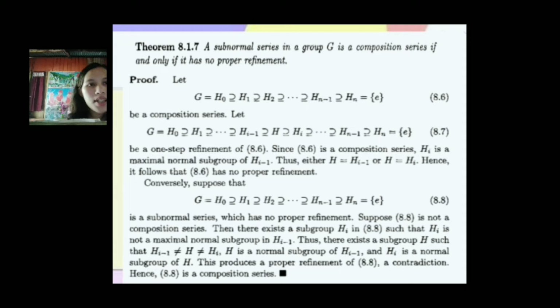Thus, there exists a subgroup H such that H_{i-1} ≠ H ≠ H_i, H is a normal subgroup of H_{i-1}, and H_i is a normal subgroup of H. This produces a proper refinement of 8.8, a contradiction. Hence, 8.8 is a composition series.